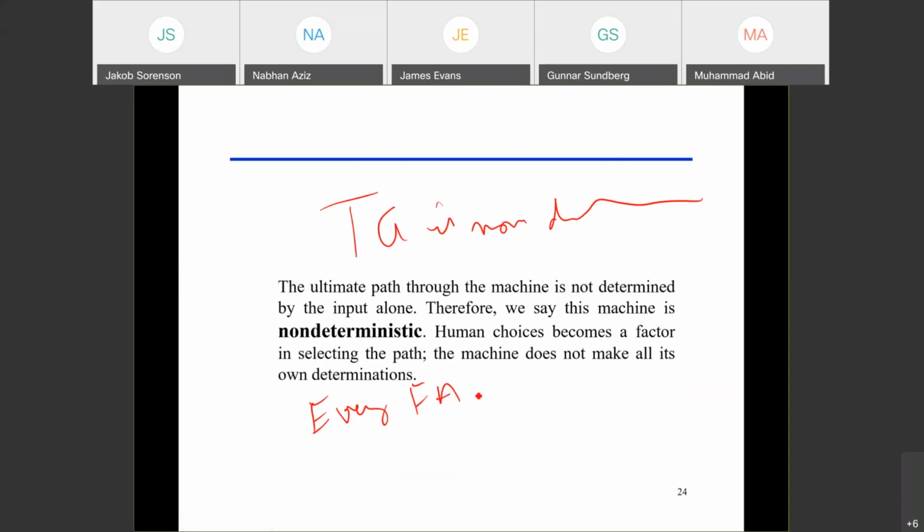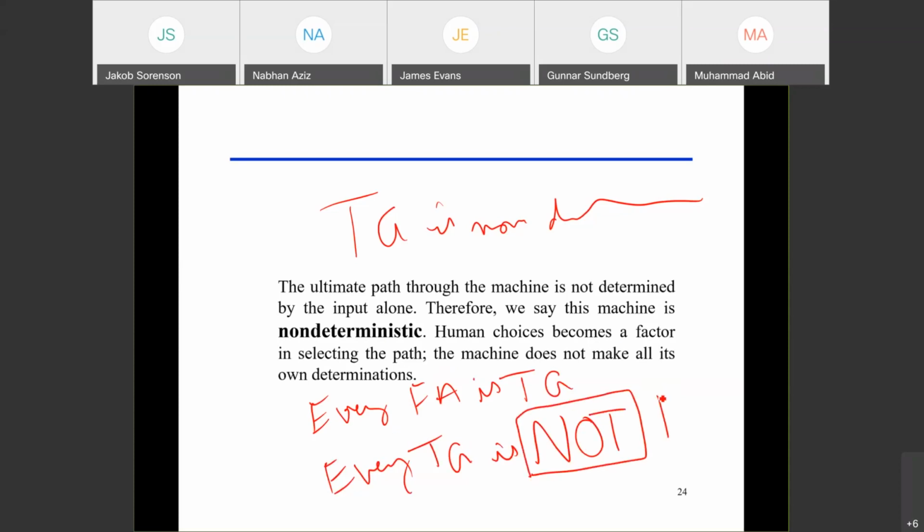But every FA is a TG, while not every TG is an FA.